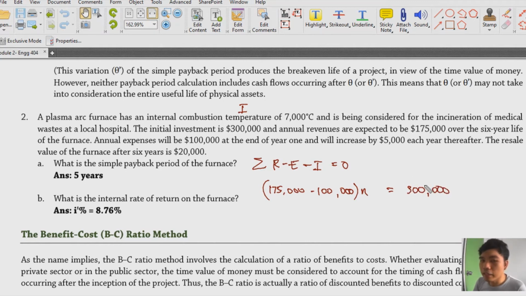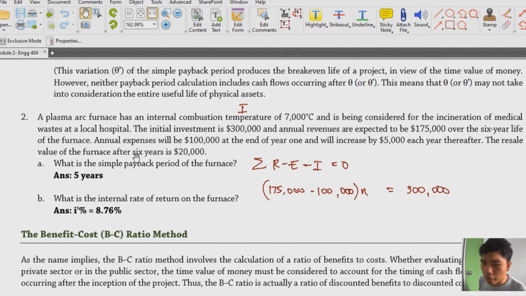And again, we don't include the salvage value because we're considering that we can obtain our payback period before the end of the study period, that is 6 years. So assuming we really expect to obtain the payback period, we don't need to include it.